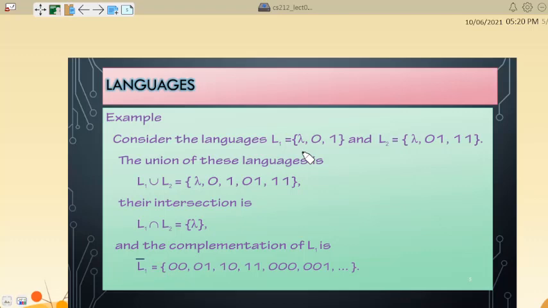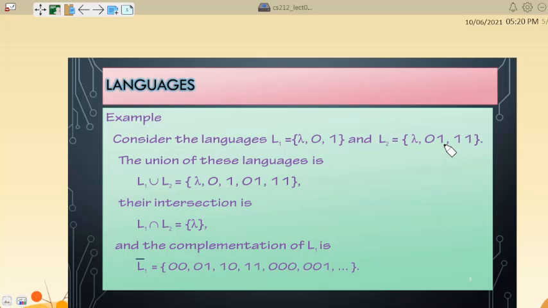Okay, then the intersection, L1 intersection L2. Now we're looking for the strings that are in both L1 and L2. Lambda is in L1 and also in L2, so we take it. 0 is just in L1 but not in L2, so we don't take 0. 1 is just in L1 but not in L2, so we don't take 1.